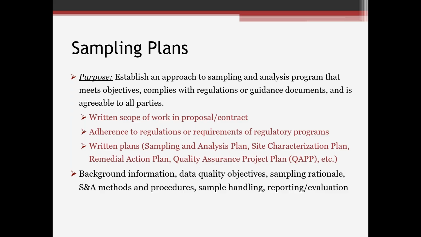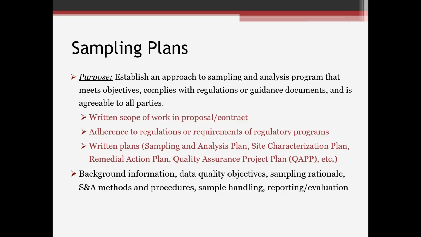In an initial investigation, this might be primarily a written scope of work and a proposal or contract. But it should be something that the sampler, the owner, and other parties involved are agreeable to, that it's going to meet the objectives and the goals of what you're sampling for. So get that in writing, something everyone can understand and relate to.